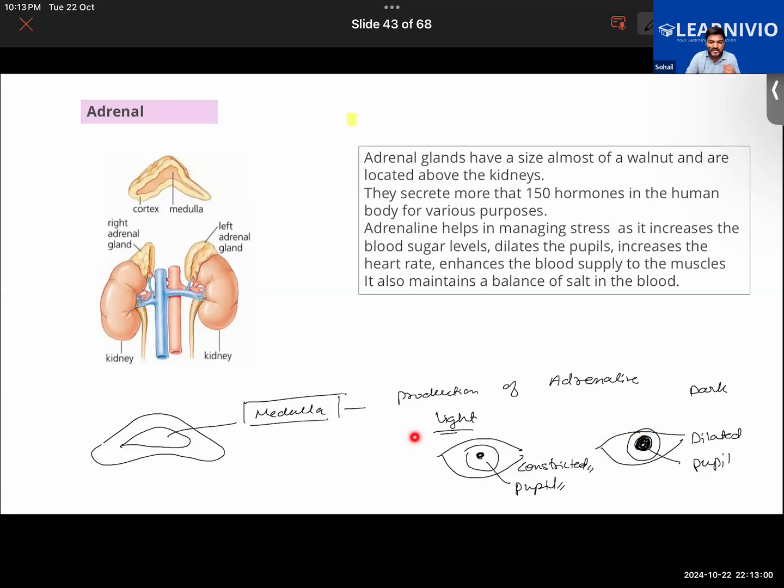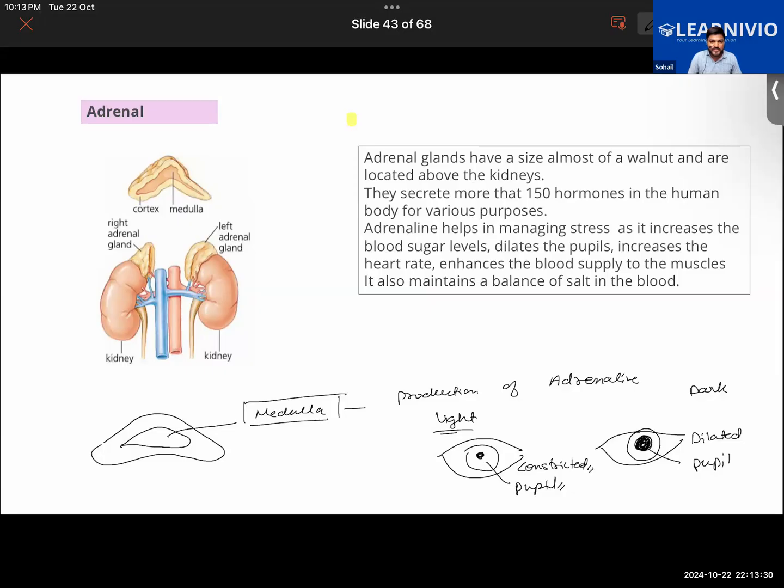But if it is bright light, a bright or sharp light can damage our eye cells. So it will constrict to allow a minimum amount of light to enter, so that our eye is not damaged. This dilation of the pupil is also brought about by the adrenaline hormone. Is that much clear to everyone so far?